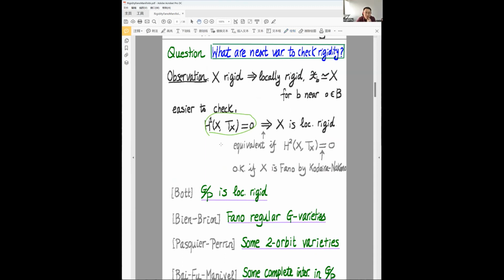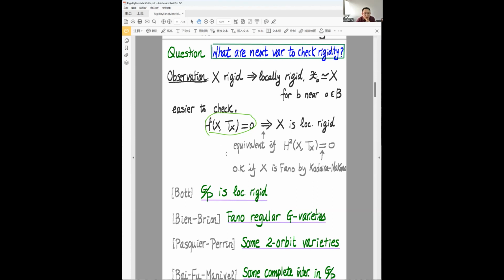If you can show the vanishing of the first cohomology of the tangent bundle, then X is locally rigid. And if X is Fano, then we also have the converse: X is locally rigid if and only if the first cohomology of the tangent bundle is 0.